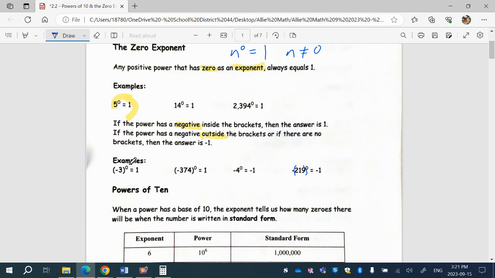If we have the exponent outside the brackets, it's just going to be 1. But here, when the base is 4, we need to remember that the minus is going to follow it. And if we have brackets just around the number, but not with the negative, that negative is going to follow along and be a -1.